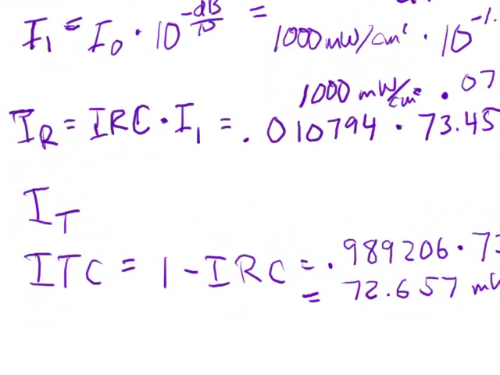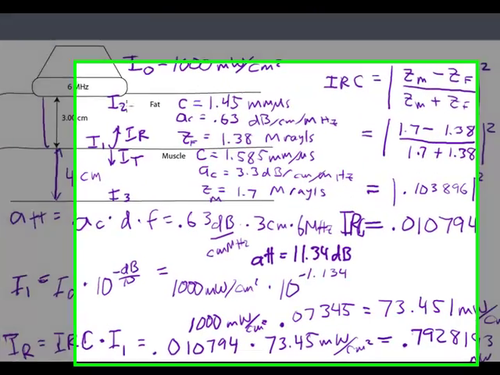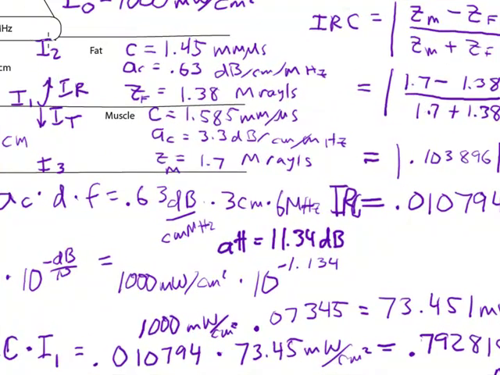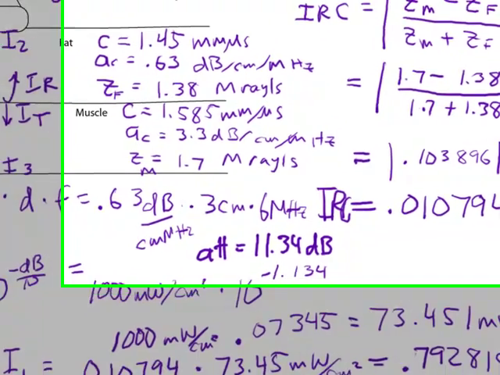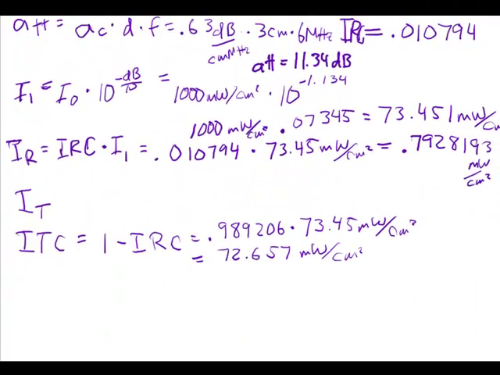The next thing we're going to look at is how much this reflected intensity is attenuated by the time it gets back to the transducer. Then the transducer can pick it up and analyze the reflection.